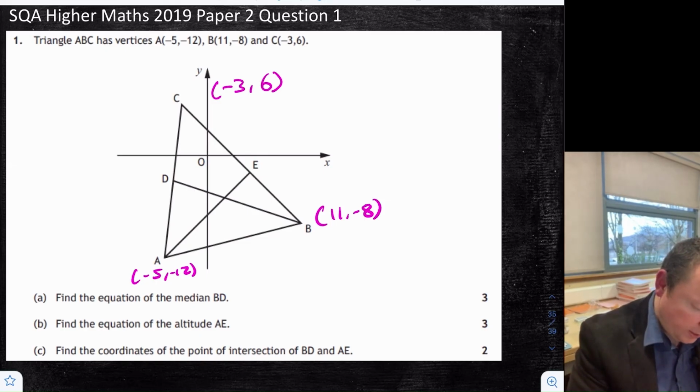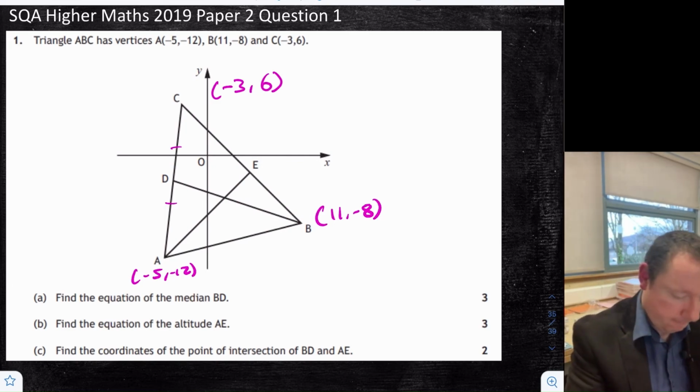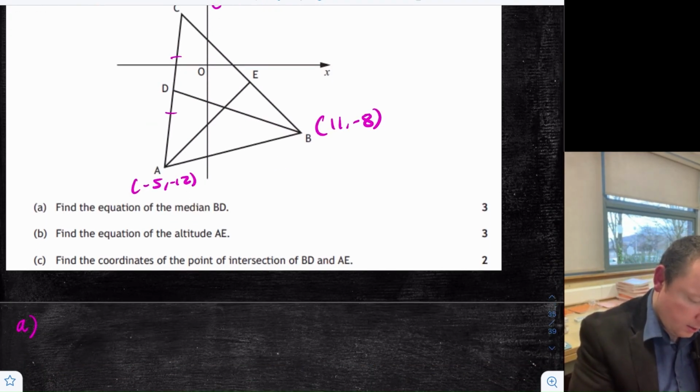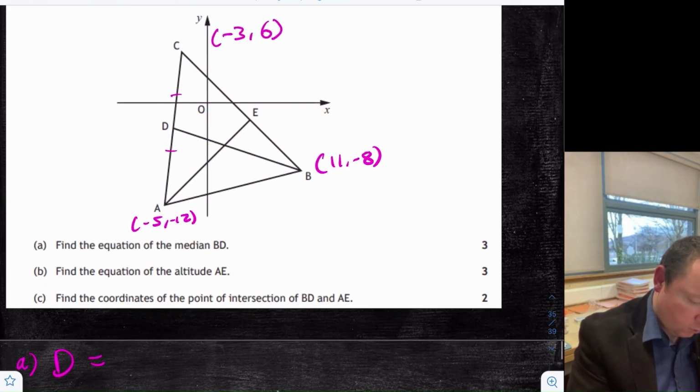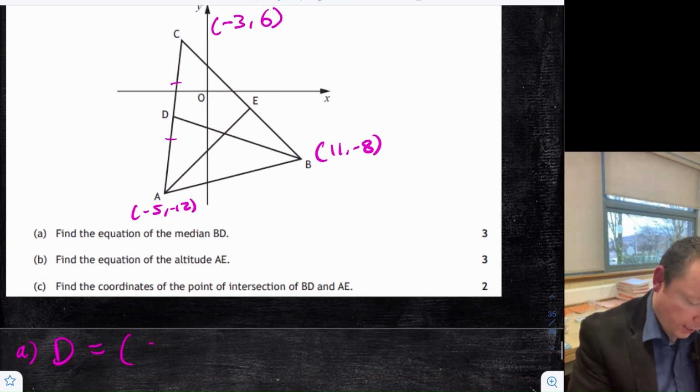So the median BD, so just working out exactly what it's asking me. This is the median they're asking us, so we're cutting this one in half. So I need the midpoint of A to C. So part A, I'll call D the midpoint of A to C. So we've got minus 5 minus 3 divided by 2, and we've got minus 12 plus 6 divided by 2.